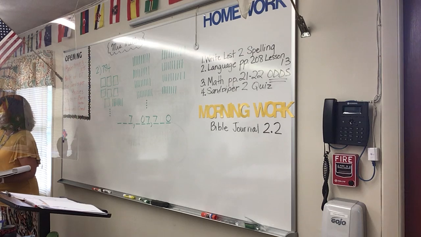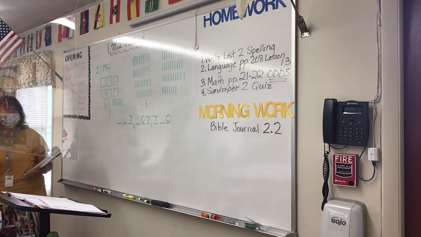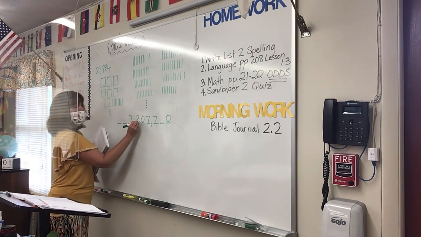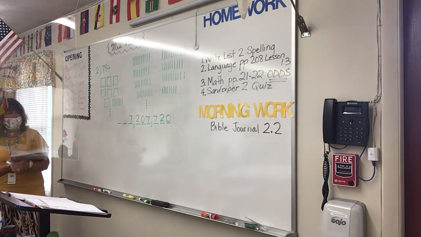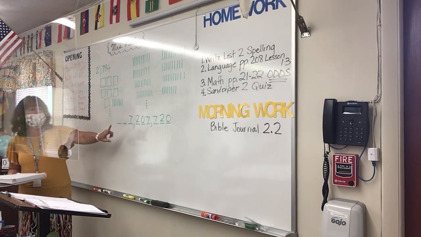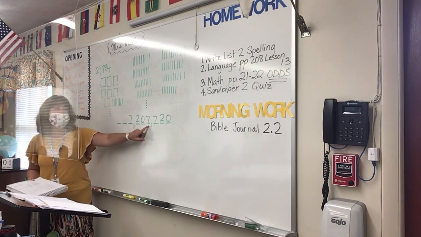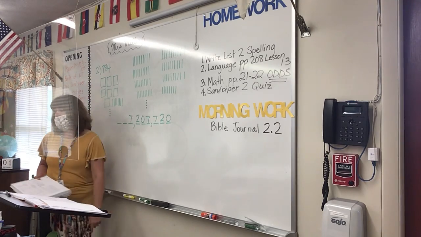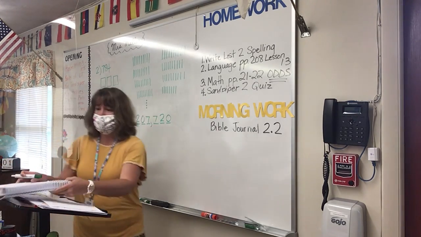What number month in the year does it come? January, February, so it's the second month. So number 2. And that's it. What number am I? Read it with me. 7,207,720. Very good. You may put your books away.